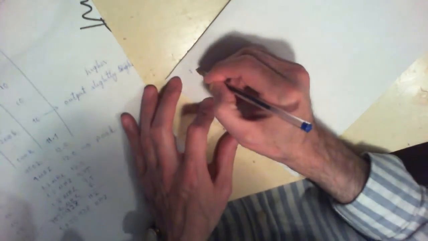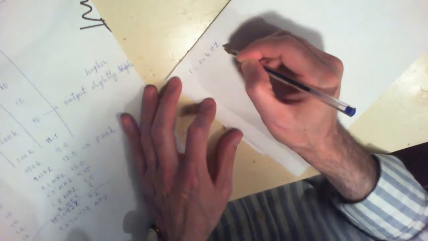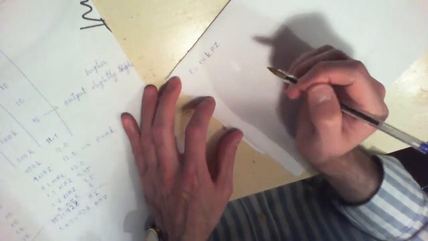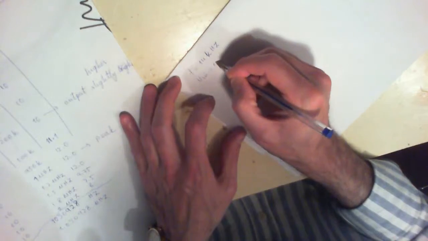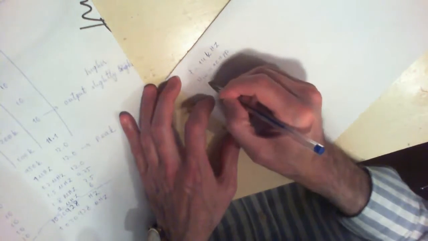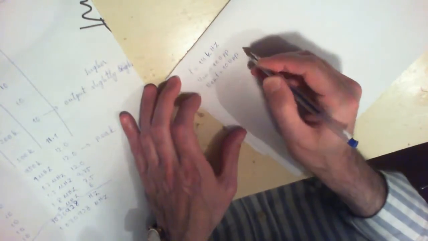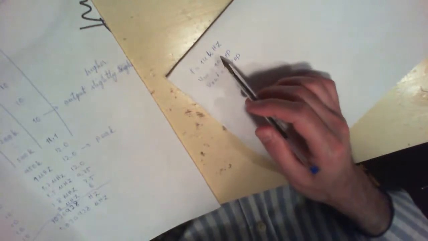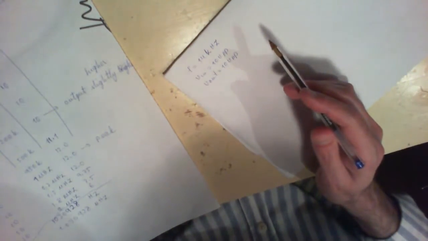So if frequency is equal to 14 kilohertz, and V in is equal to 10 volts peak to peak, and V out is equal to 10 volts peak to peak, we can simply take these as true and then calculate, for example, the inductance of our inductor. That we can do as well.